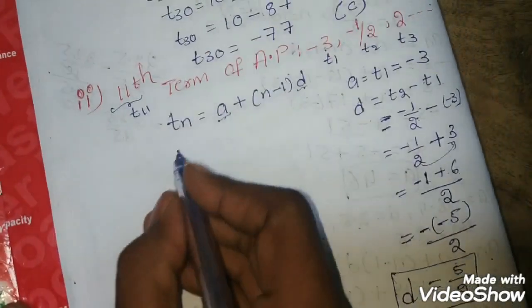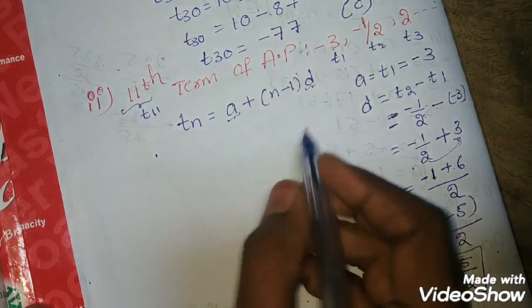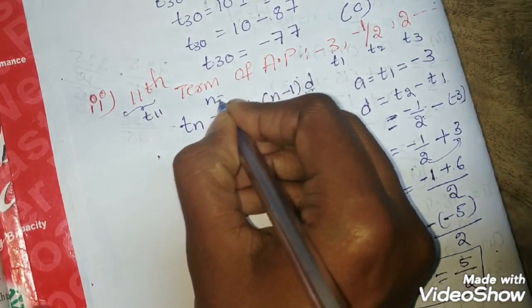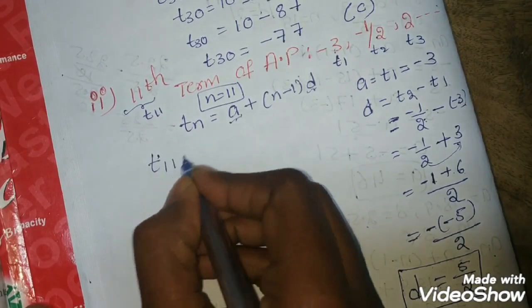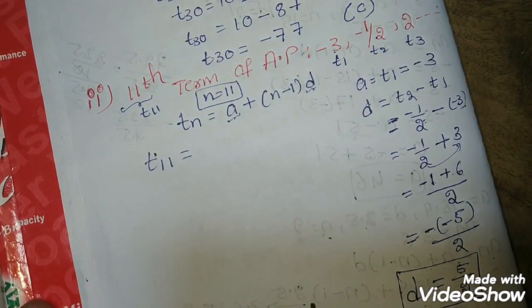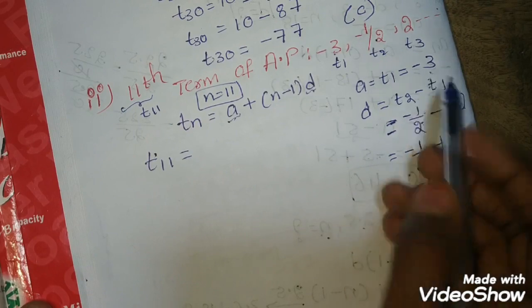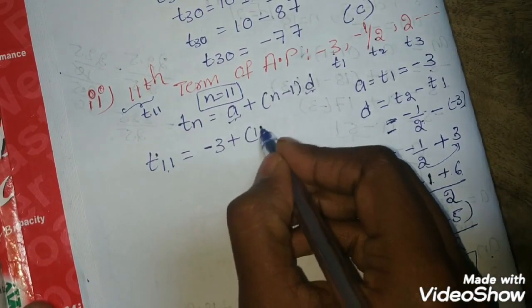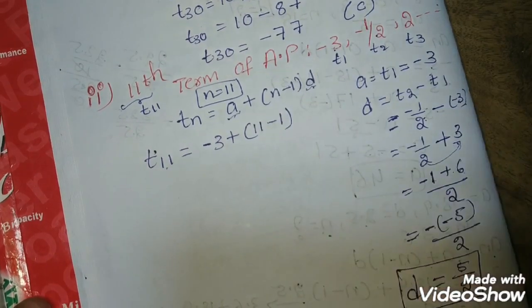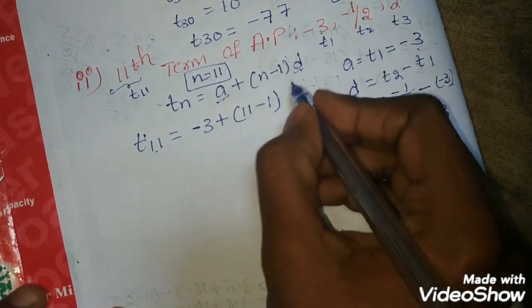Put this in here. So what do we need? Already they have given n is equal to 11. Okay, n is equal to 11. That is term 11 is equal to, what is a? That is the first term, minus 3, plus, what is n? We need 11 minus 1 into, what is d here? 5 by 2.